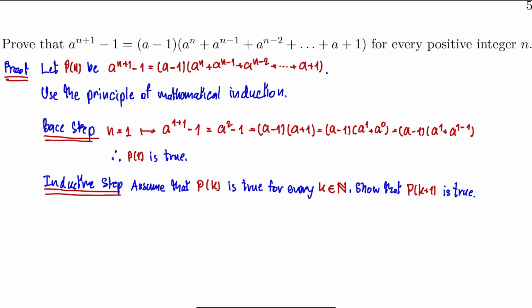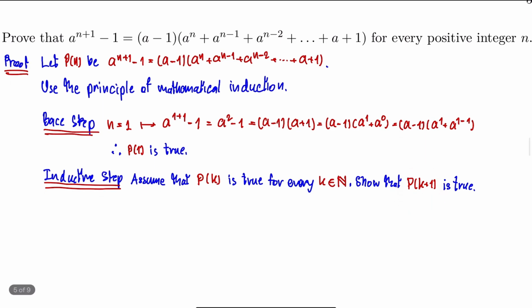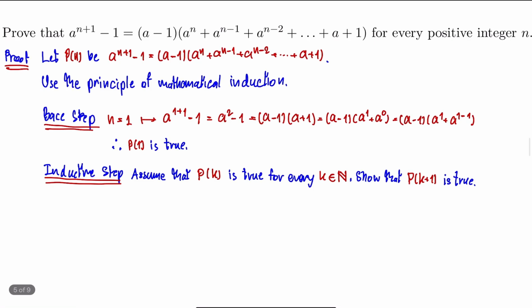So we might start with P(k plus 1). Okay, so let's try to write a to the k plus 1 plus 1 minus 1. Just plug in k plus 1 into n. So we've got a times a to the k plus 1 minus 1.